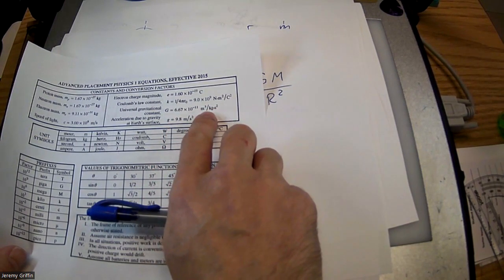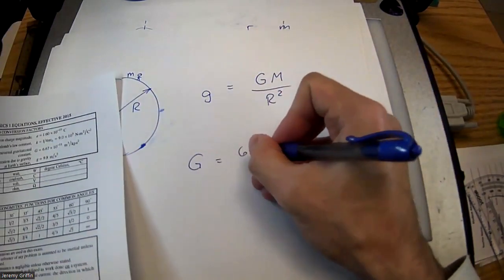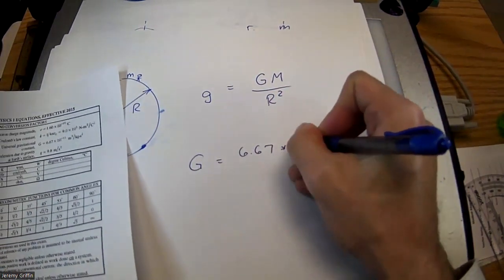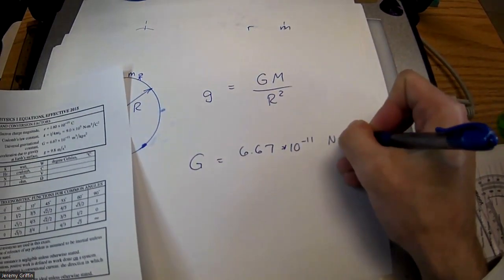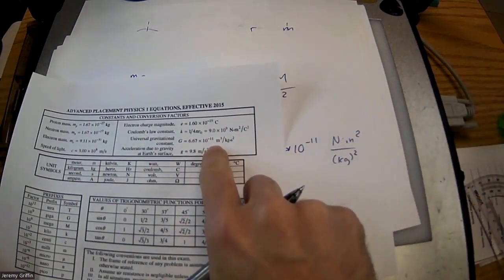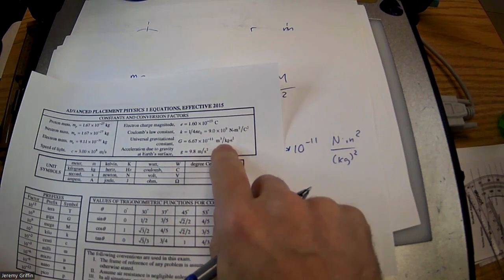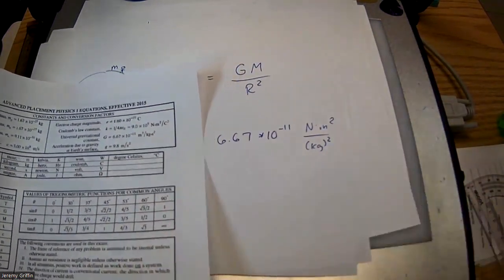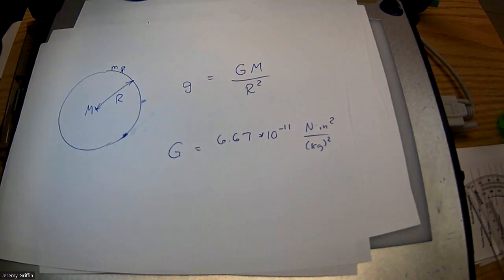They went with base SI units. So it is 6.67 times 10 to the negative 11 Newton meter squared per kilogram squared. Alternatively, you could do meter cubed divided by kilogram second squared. You guys know that?